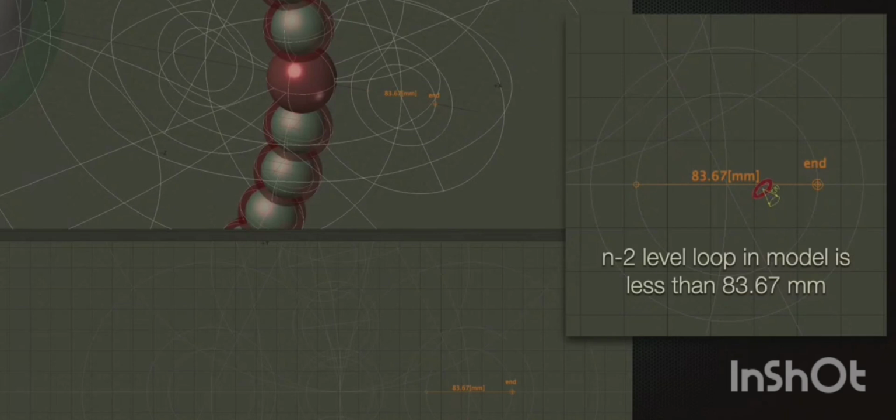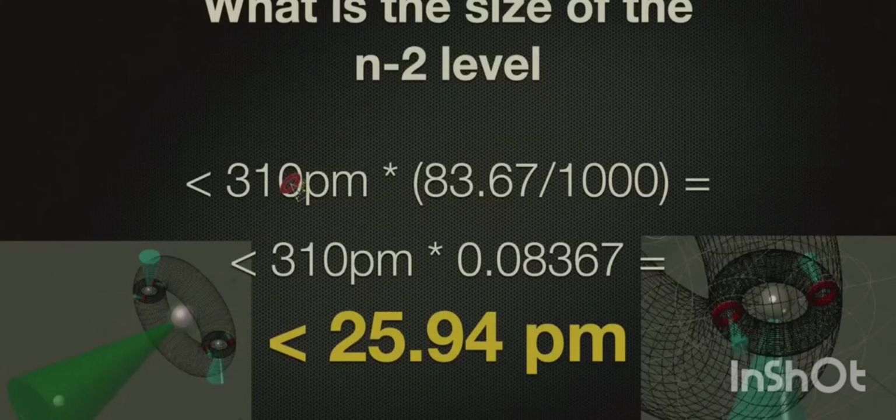So if we take the 310 picometers and we times that by 83.67 divided by 1,000, that's the millimeters, we end up with 25.94 picometers, less than.